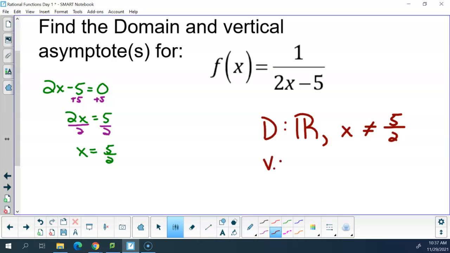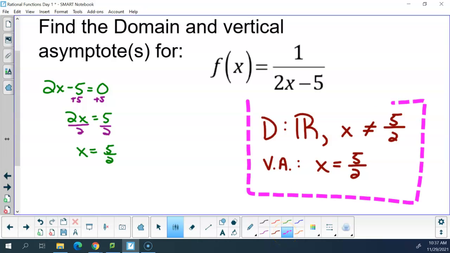And we're going to shorten vertical asymptotes to VA. We'll have VA. Tomorrow we'll have HA. Later on we'll have SA. Horizontal is HA. Slant is SA.